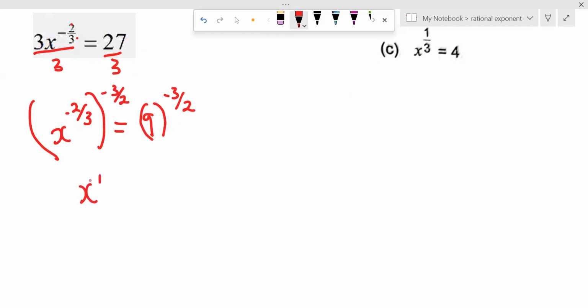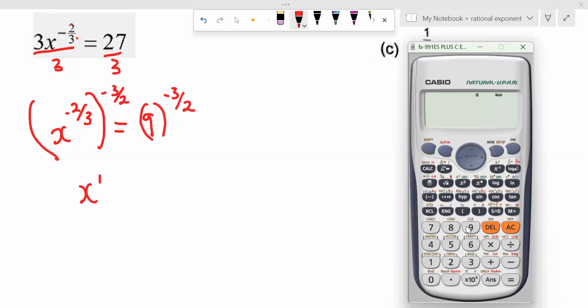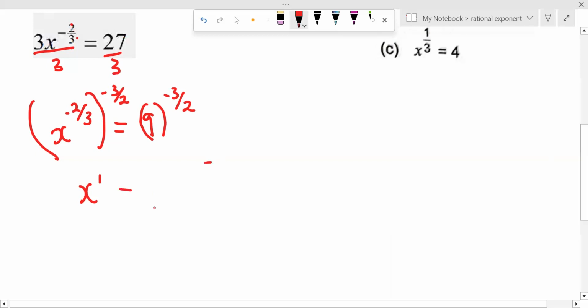We then check on our calculator. Let's type 9, close bracket, to the power of -3 all over 2. And it says our answer is going to be 1 all over 27. So x is going to be 1 all over 27.